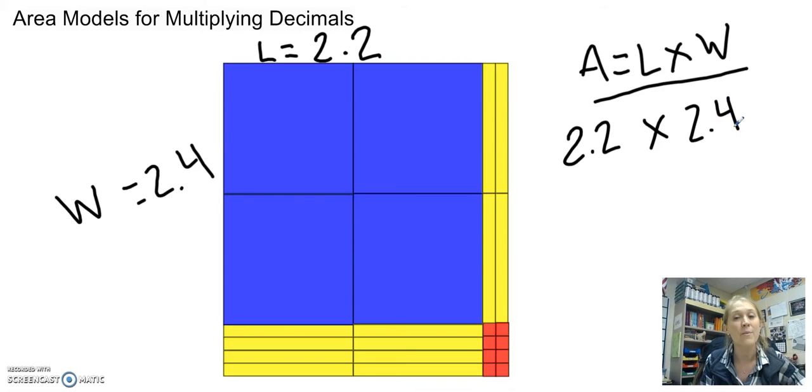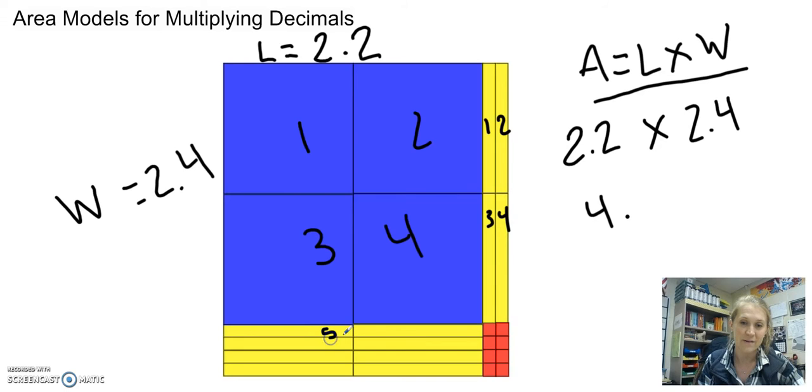To solve this problem, I simply look at the entire area of my model. I see that I have 1, 2, 3, 4 wholes. So I'm going to go ahead and write down 4 wholes. I see that I have 1, 2, 3, 4, 5, 6, 7, 8, 9, 10.